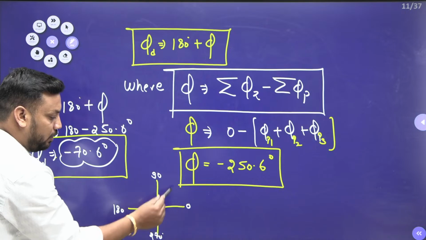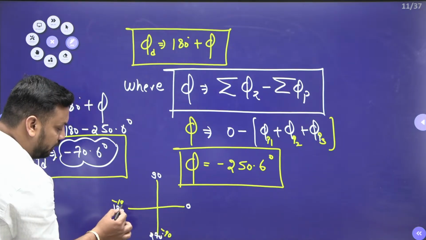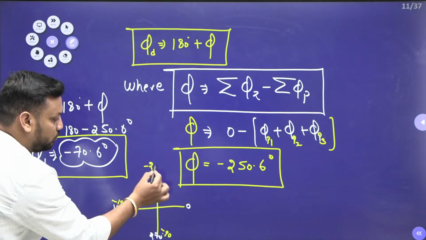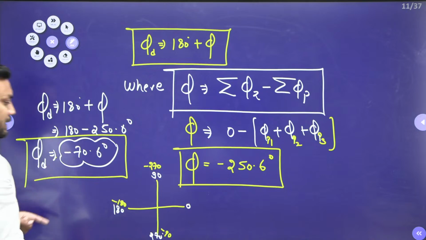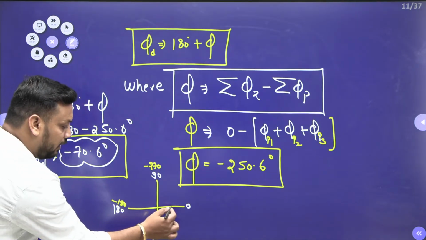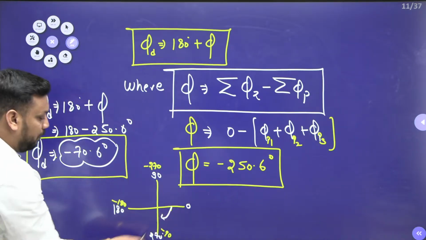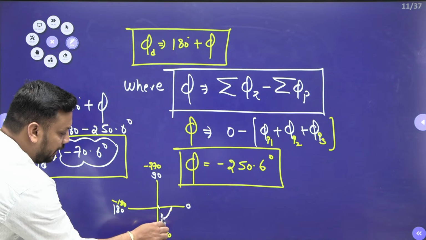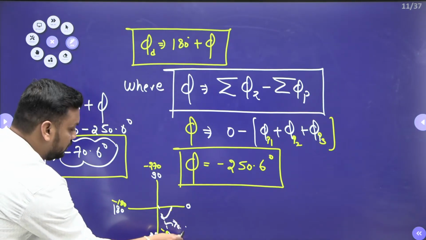If I travel clockwise, it will be minus 90, minus 180, minus 270. So to denote the minus 70.6 degree angle, I must travel clockwise.